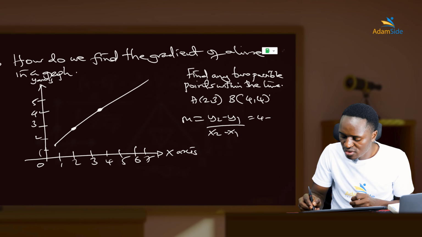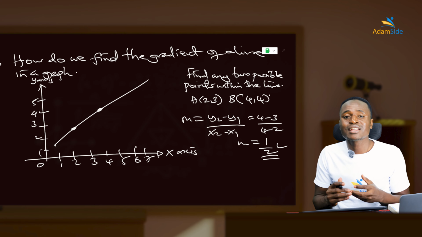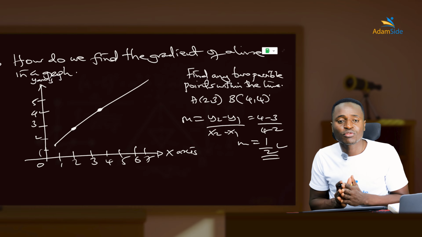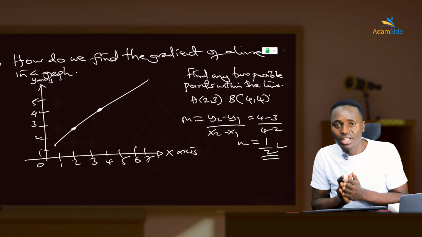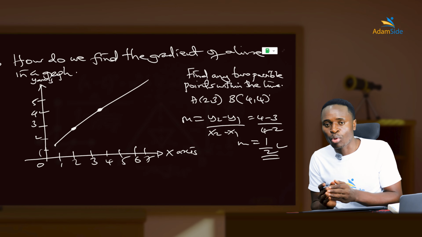Then you do that: 4 minus 3 over 4 minus 2. That means 1 over 2. Correct. And you get the gradient, which is M. That's how you solve this kind of question, and this is how you find the gradient of a line when given coordinates.